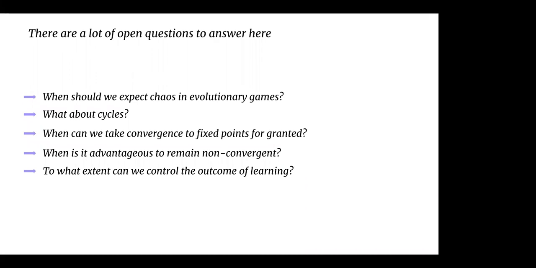When else? For example, one of the more recent results is that zero-sum games for 2-player systems are recurrent, and that result extends to networks of zero-sum games. So we're moving forward, but there's still a lot of questions to ask about the day-to-day behavior of these learning algorithms.